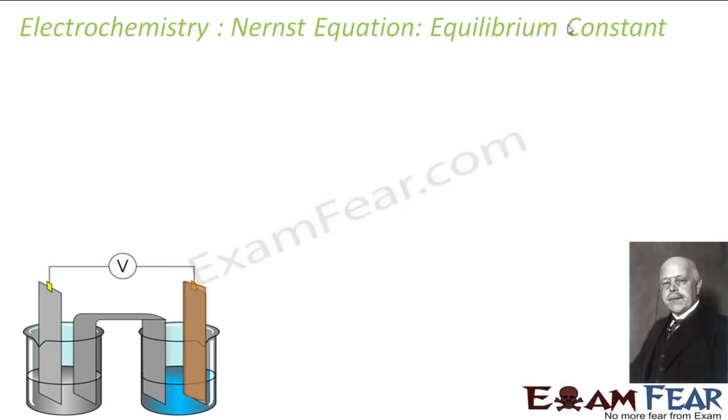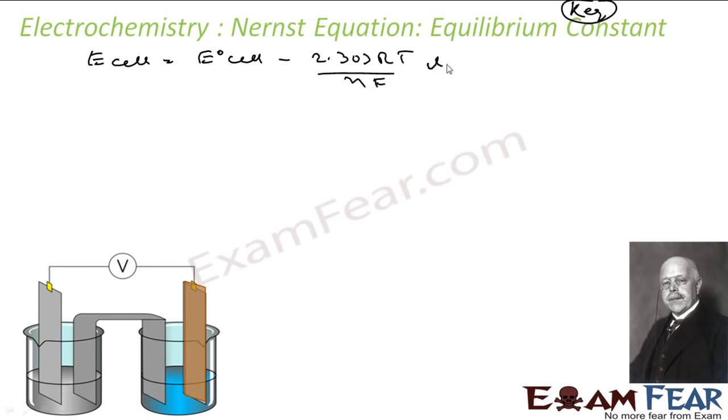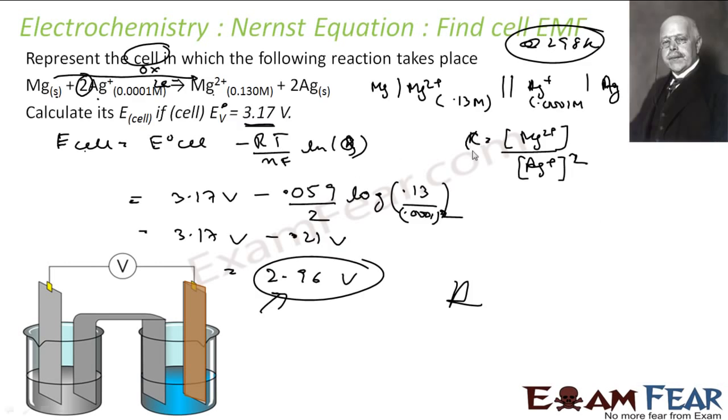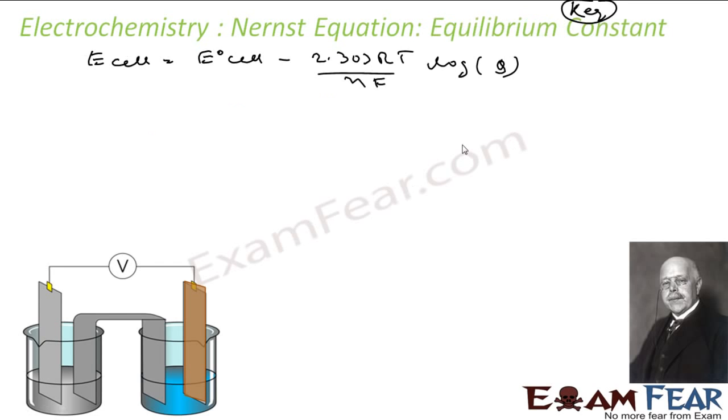As I told you, the Nernst equation can be used to find the equilibrium constant. The equation we have is E cell is nothing but E naught cell minus 2.303 RT by NF log of Q. There is a mistake here, this is Q. Now at equilibrium, what will happen?